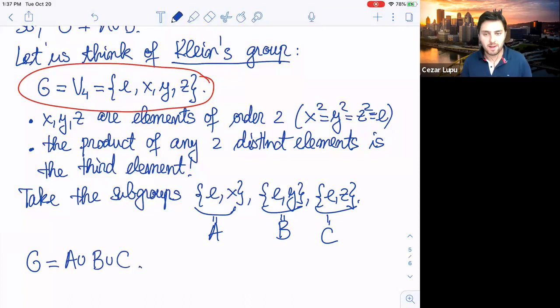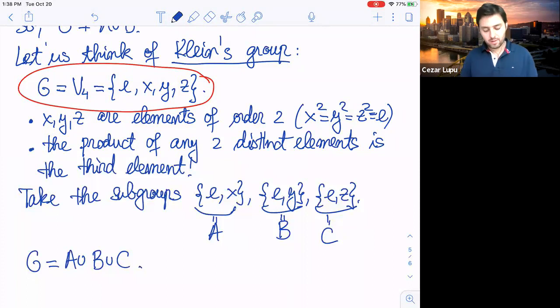Does it make sense for everybody? They're proper subgroups. As you can see, they're distinct, so there is no problem. So this is how you think of a Klein group.